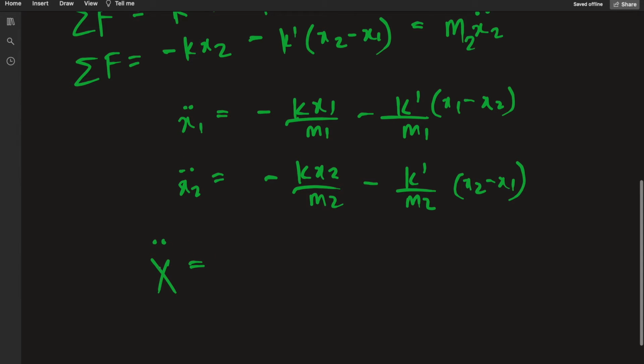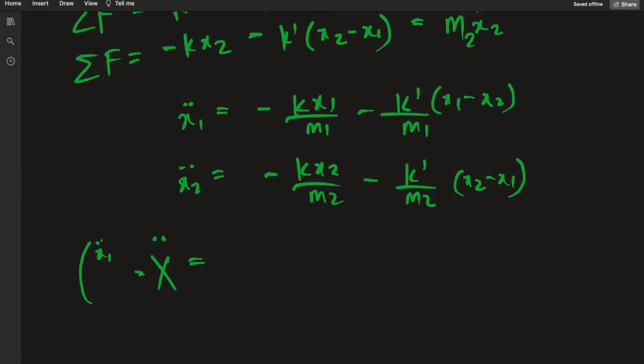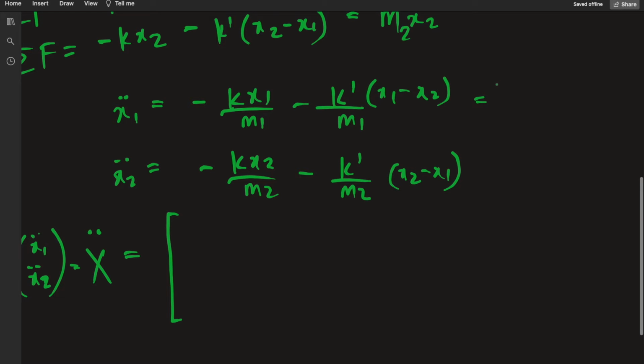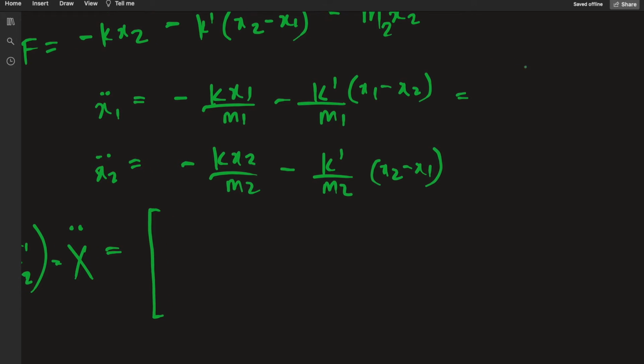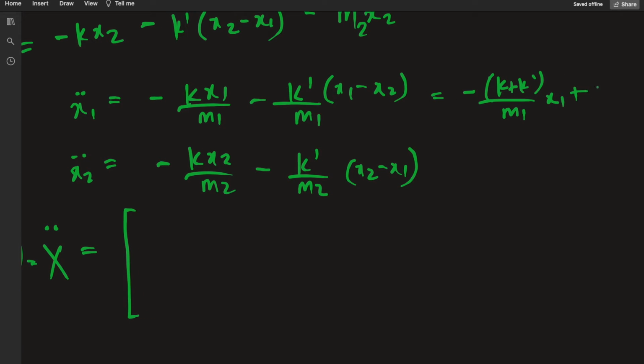So capital X double prime, and capital X I'm defining as this column vector x1, x2, is equal to, now we need a matrix here, and if we group some terms properly, we're going to get negative k plus k prime over m1 x1 plus k prime x2 over m1.